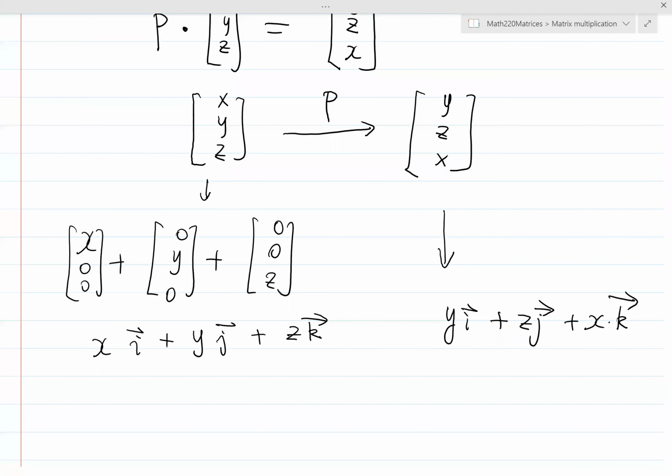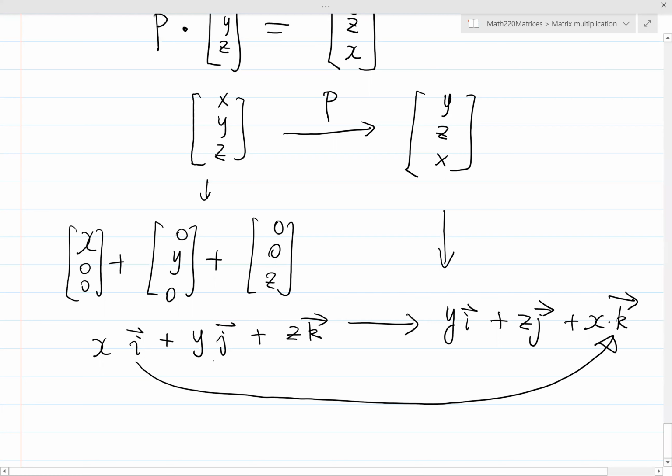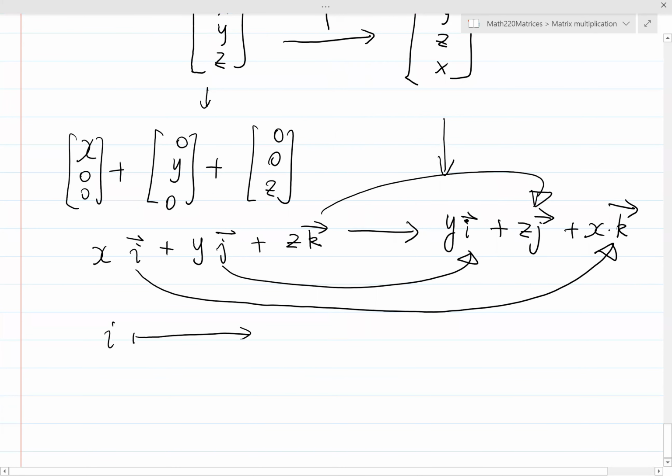Okay, so what we see is we can pair it in this form. Remember when we do matrix multiplication, the coefficient is fixed. So I goes to K, J goes to I, and then Z is fixed, K goes to J. So I goes to K, which is 001.